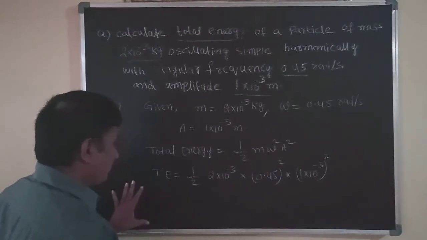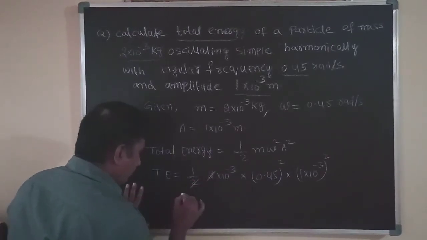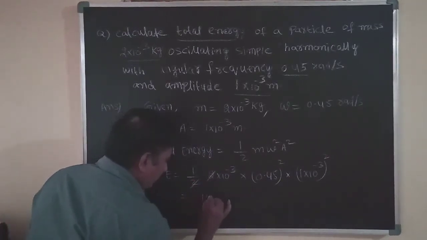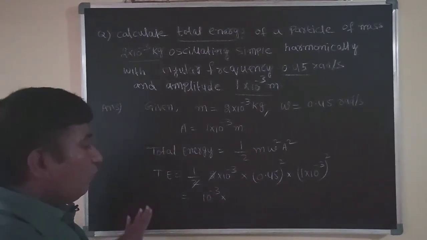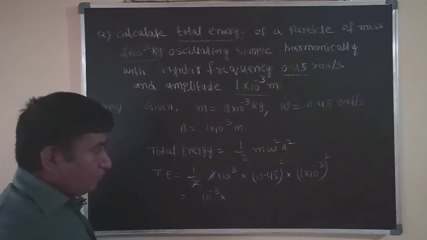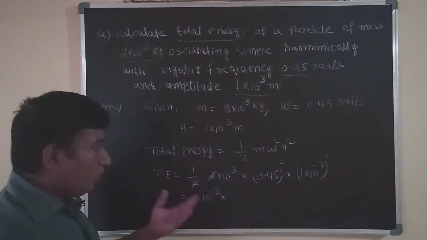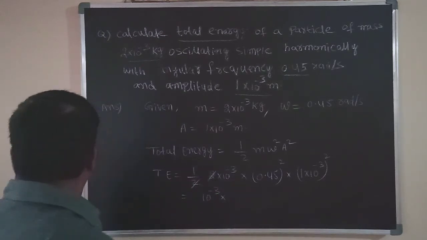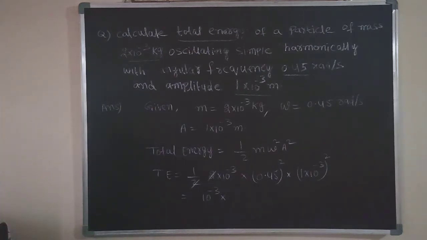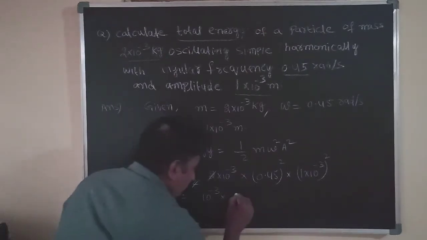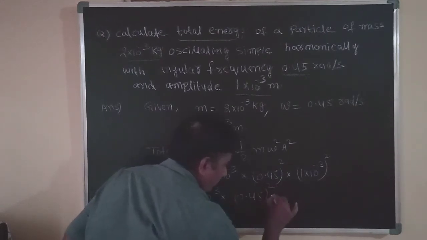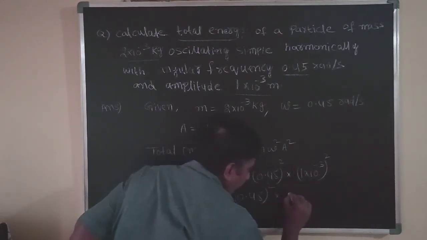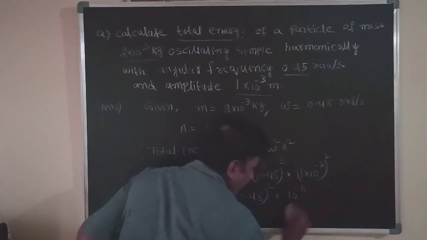If you do this, the 2 gets cancelled, so we get 10 to the power of minus 3 into 0.45, whole square, into 10 to the power of minus 6.